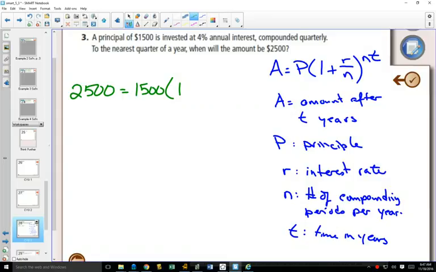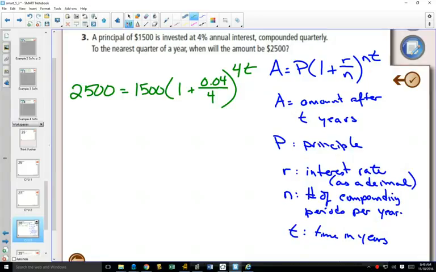The interest rate, and maybe we should put in here that in this formula the interest rate is always a decimal. So at 4%, that would be 0.04. It's compounded quarterly, divided by 4, and to the power of 4t.